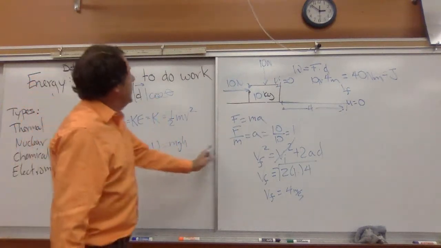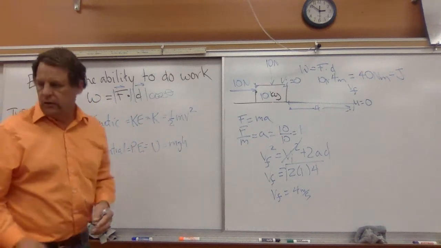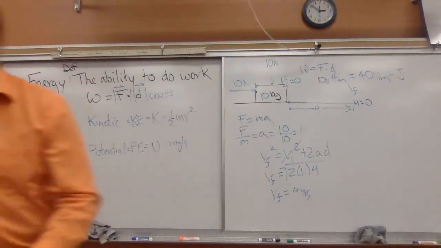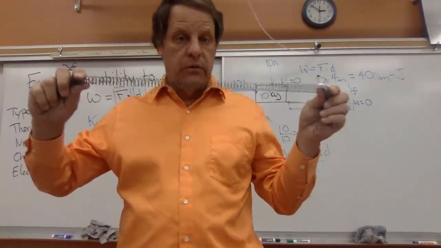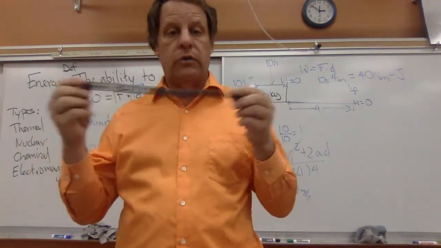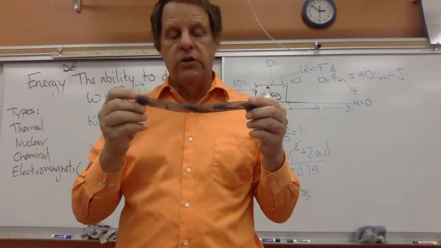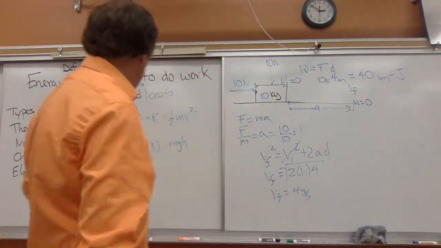All right. Now, there can be another thing that is going to be stored energy, and that would be the energy stored in a spring, for example. So if I stretch it out and let it go, it's going to release that energy and go from, let's say, nothing to a certain speed.